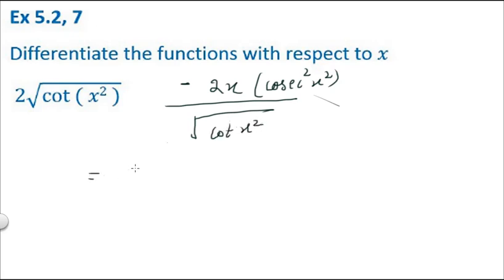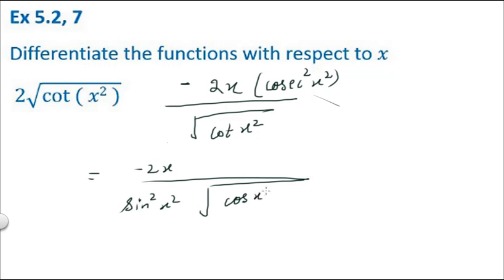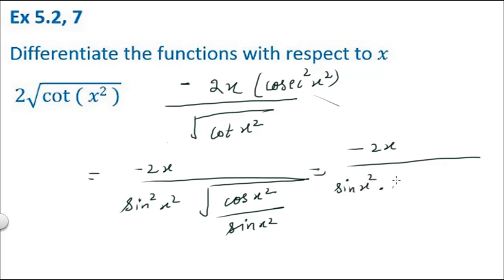So when you simplify it, you can convert all the things into sine and cos. So cosecant square x square will be written as 1 upon sine square x square, and cot of x square can be converted to cos of x square upon sine of x square. Also sine square x square can be written as sine of x square into sine of x square, because we have a square of this complete function. And under root we already have cos x square and sine x square.